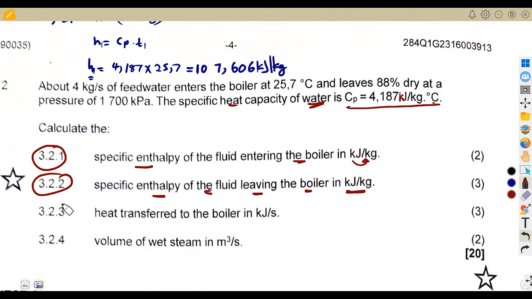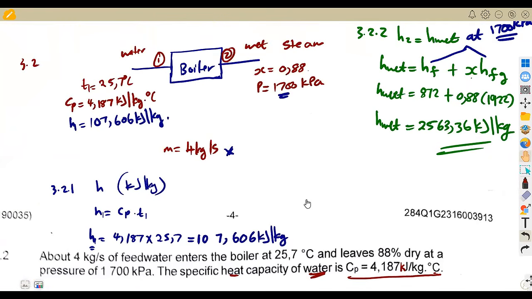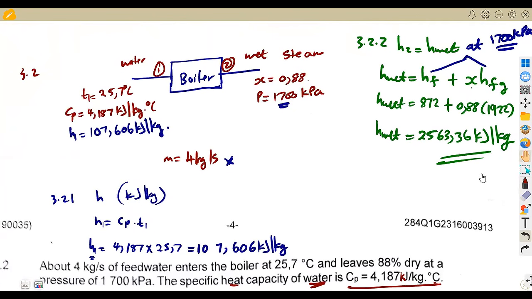What I'm trying to say here, they are saying the heat transferred to the boiler in kilojoule per second. All right, I talked about the heat transferred. The heat transferred is the change in the specific enthalpies that we have. That is the heat transferred. So the heat that is going to be transferred is the change between these two, which is H1 minus H2.